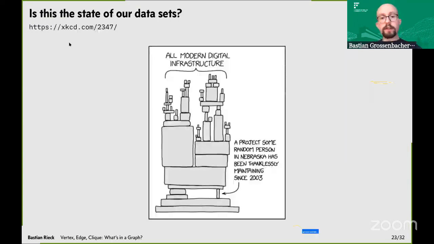And one controversial slide here, and again, don't see this as a criticism of the state of the art, or of PyTorch Geometric in general, but there is this idea of whether all our modern digital infrastructure is being held up by a project some random person in Nebraska has been thanklessly maintaining since 2003. This is something that we should be aware of, and that we should actually be able to handle.